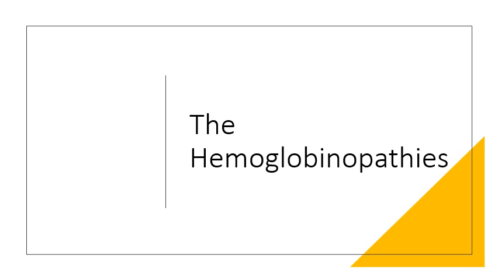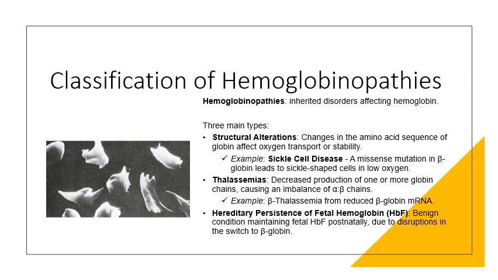These conditions can impact the ability of hemoglobin to carry oxygen effectively or cause red blood cell damage. There are three main causes of hemoglobinopathies. The first one is structural alterations, where changes in the protein sequence cause diseases such as sickle cell disease.